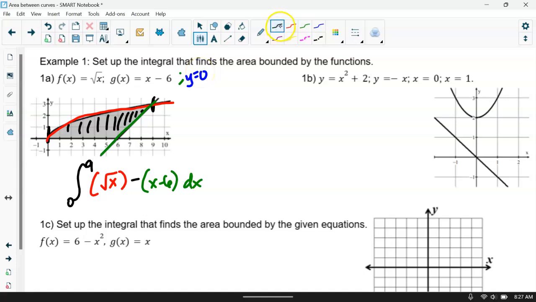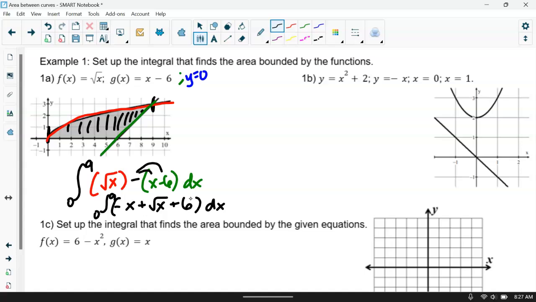Now, that means we're going to find the integral from 0 to 9 of negative x plus radical x plus 6. So we are finding the integral with respect to x, but notice having to distribute that negative here, so that's why it's now positive 6.